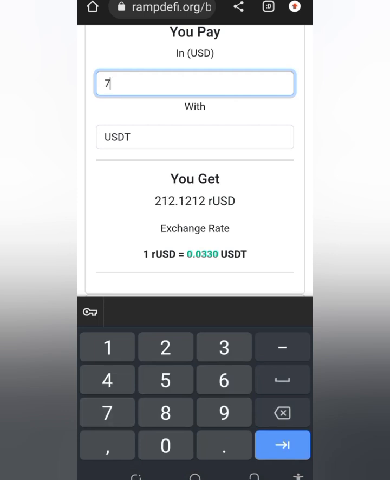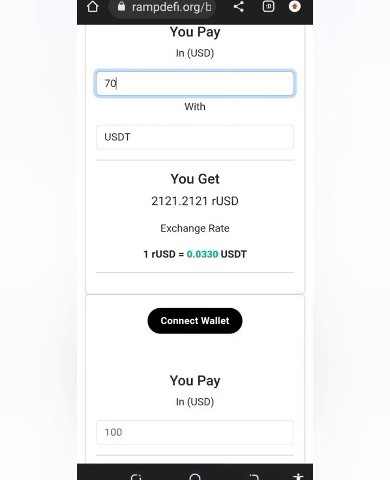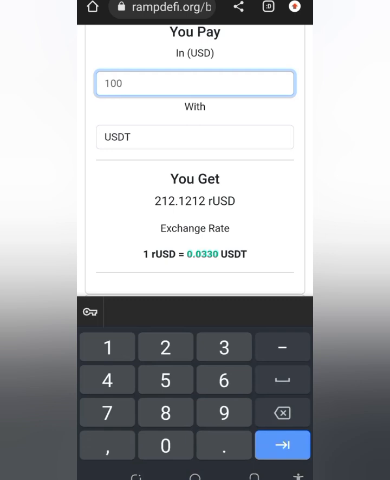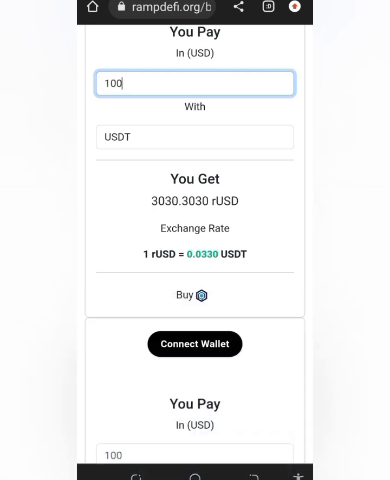Any amount below $100, the buy button will not come up. Oh my gosh, can you see what I'm saying? This is risky business. Now you can see that I can't even do this trade. I just wasted 29 cents sending this $10.40.